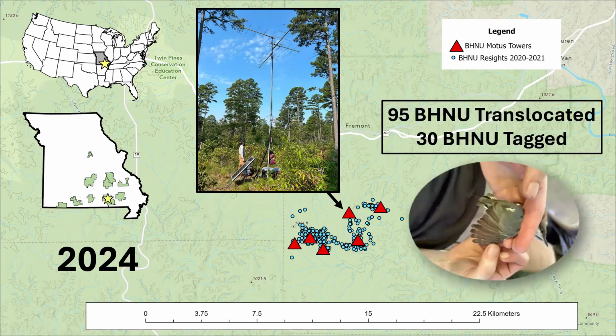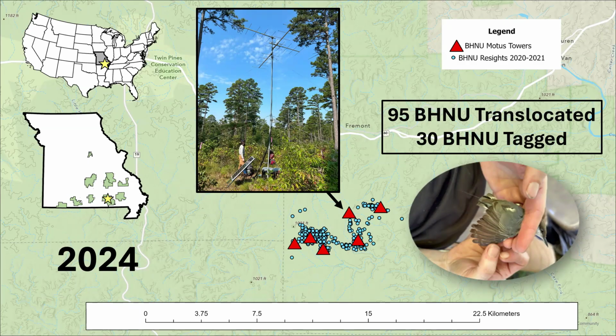We tagged 30 brown-headed nuthatches out of the 95 that we captured last year. And so this was an effort to really track these birds more continuously, because in those first 2 years, we really had issues with birds disappearing, and we didn't know if those birds died or just left the search area.